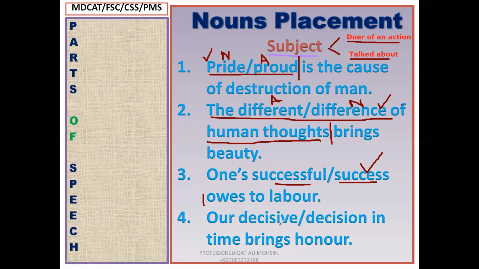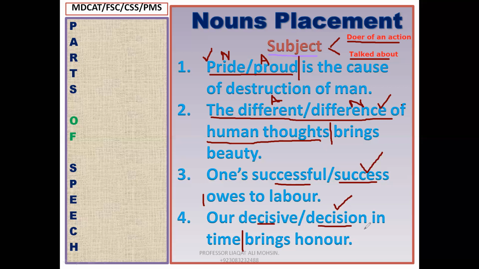A decisive decision in time brings. Brings is the main verb, and before brings, this is the subject. Here decisive is an adjective, and decision is the noun. Definitely decision will be selected because it indicates a noun.